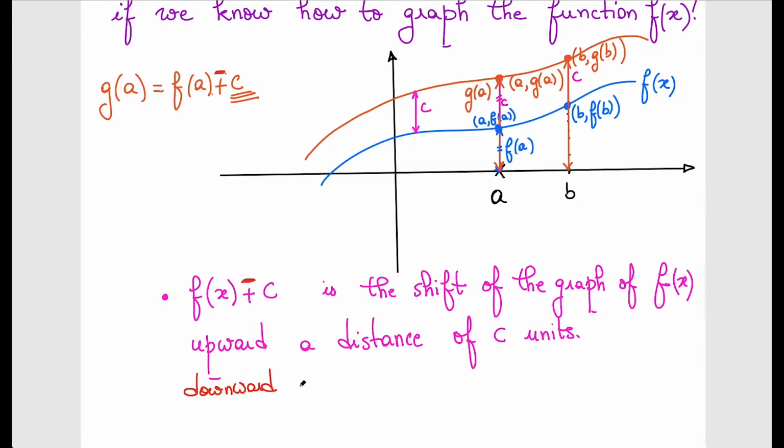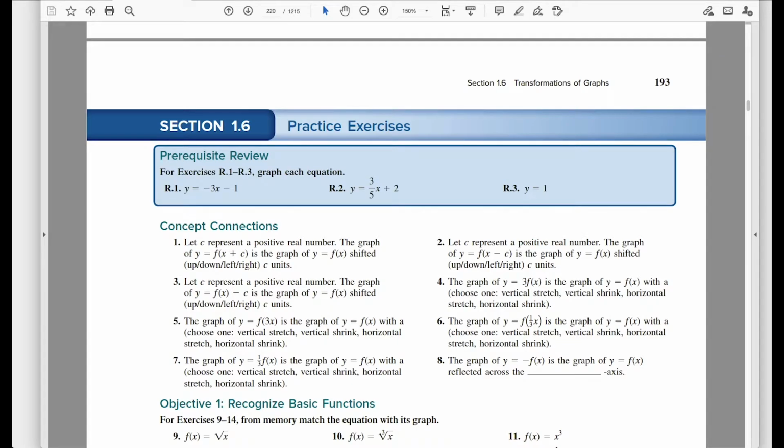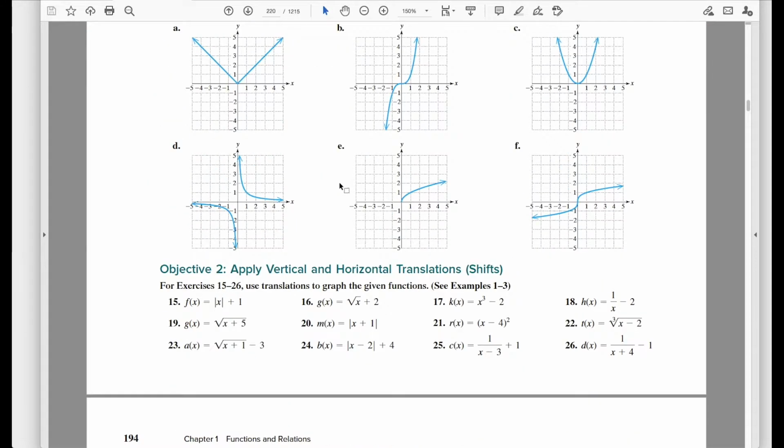Okay. All right, so let's do a few examples from the book. That's on page 193 in the book. Let's do number 16. So the question is, use translations to graph the given functions. So the function here is g of x equals square root of x plus 2. Okay, so let's take this problem.